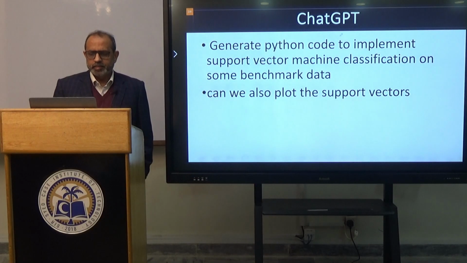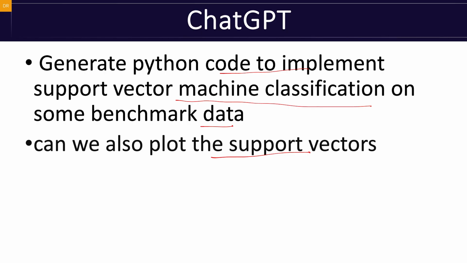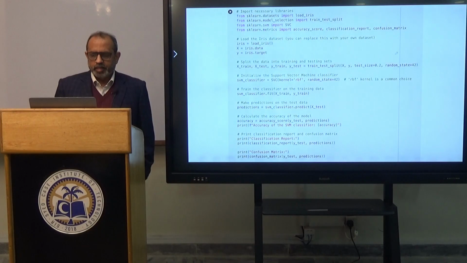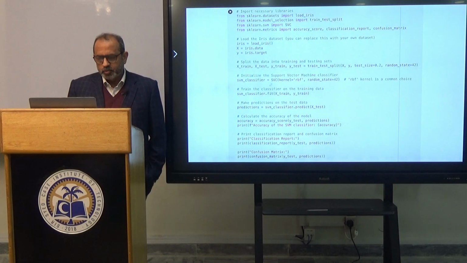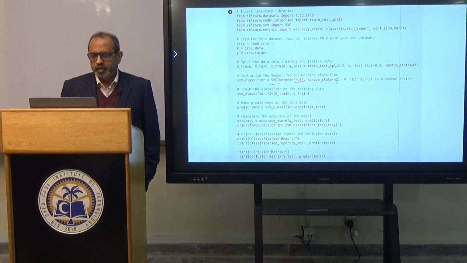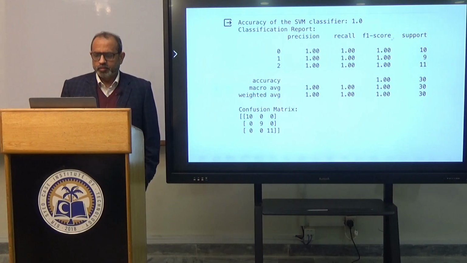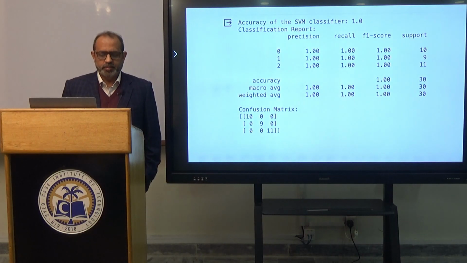So I asked ChatGPT to generate Python code to implement support vector machine classification on some benchmark data. Can we also plot the support vectors? So I asked it. As you can see, by default, support vector machine uses RBF. Okay, so it's by default, and then it just does the training and then the classification, and almost perfect classification it has done.